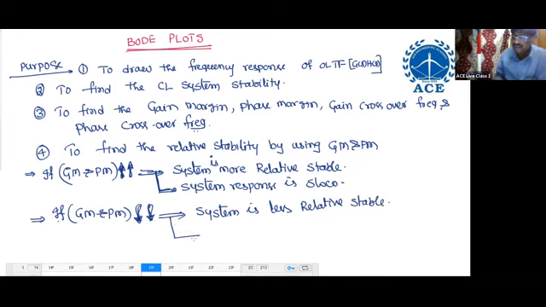But what is the problem? The system response is more oscillatory.